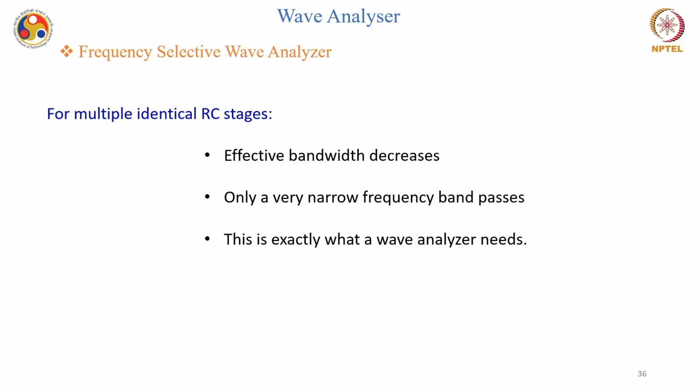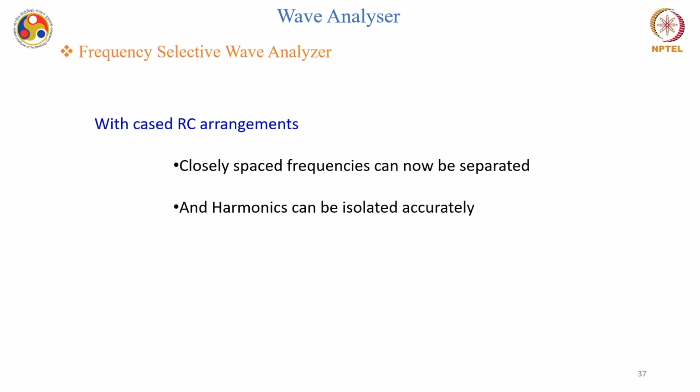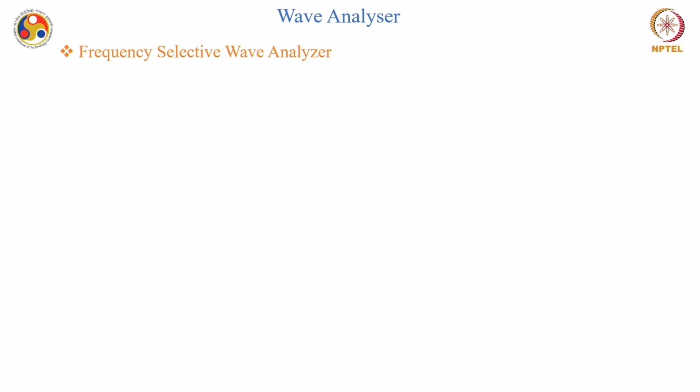This is exactly what the wave analyzers needed. With the RC arrangement, closely spaced frequencies can now be separated and harmonics can be isolated accurately, which is required for the wave analyzer. It gives you a narrow band output where you can analyze each of the harmonics.